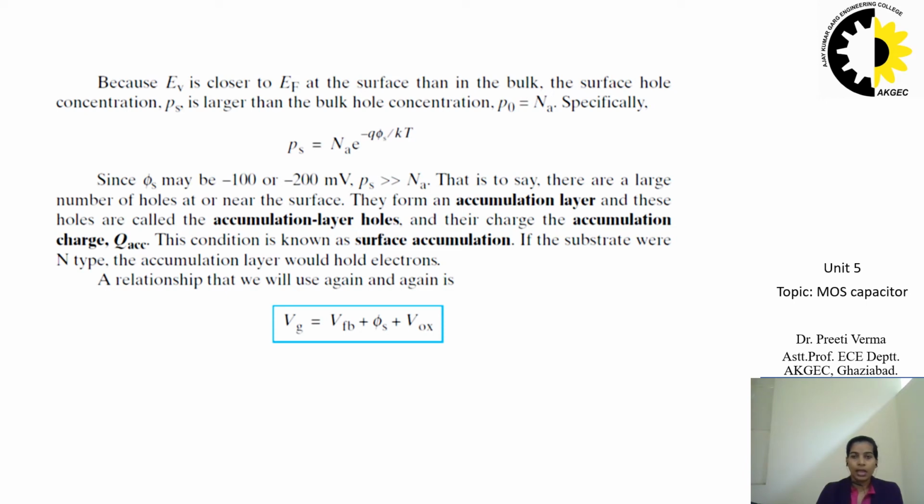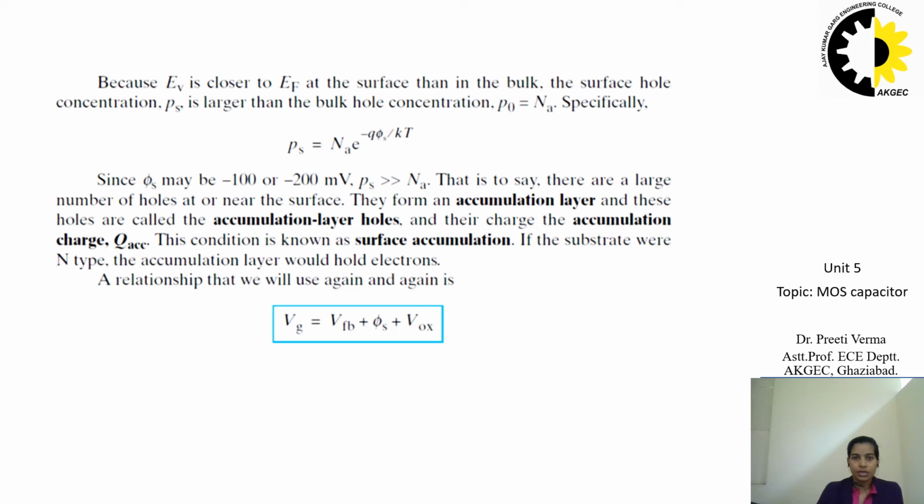They form an accumulation layer, and these holes are called the accumulation layer holes, and their charge the accumulation charge, Qacc. This condition is known as surface accumulation.